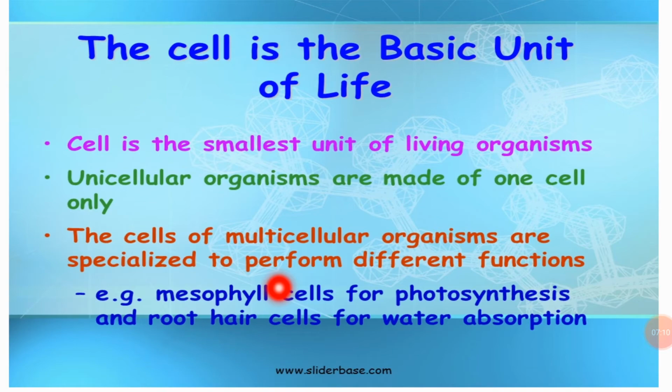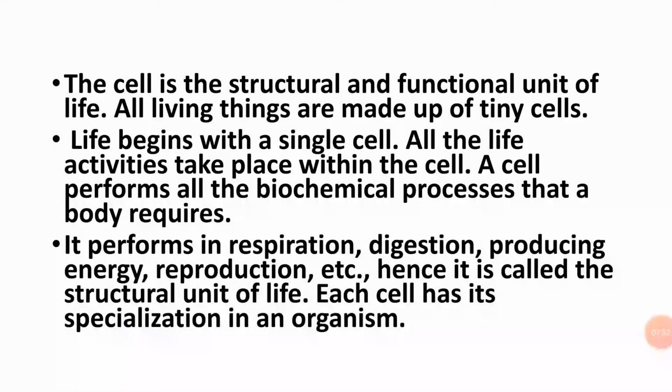What is the function of that cell? Its function is photosynthesis. Then the root hair cells are responsible for water absorption. So we can say that all the cells are specialized for their specific functions in living organisms.